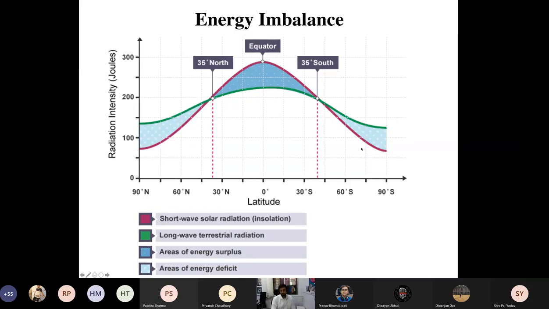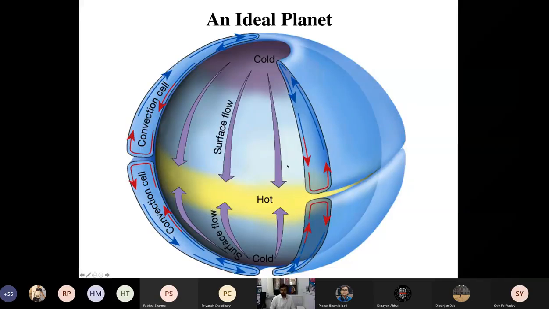Okay? The first and foremost of which is the movement of wind. Along the equator, you have an energy surplus. Okay? The incoming radiation is heating up the air. Air leads to thermal expansion, lower density, it will rise above. As it rises above, it can move towards the pole.